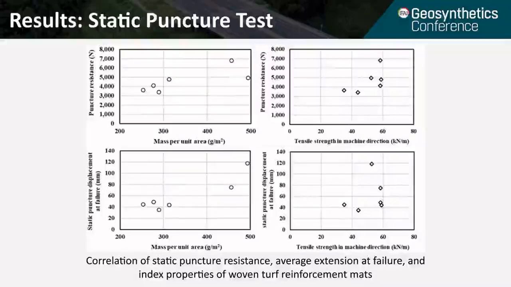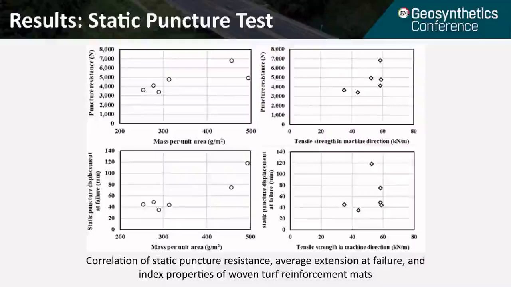This slide plots the correlation between basic index properties and puncture test results for the 6 TRMs tested. The results indicate that both static puncture resistance and displacement increased with higher mass per unit area and tensile strength. Woven TRMs with greater mass per unit area reflect more fibers within a specific area, if it is assumed the material density is the same for a single fiber.